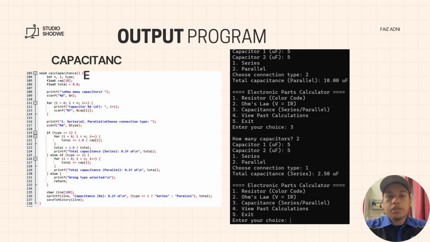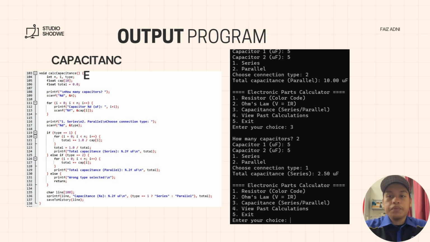Next, I will explain the output of the program. First, the user needs to insert the capacitor values: the first capacitor is 5 microfarad and the second capacitor is 5 microfarad.